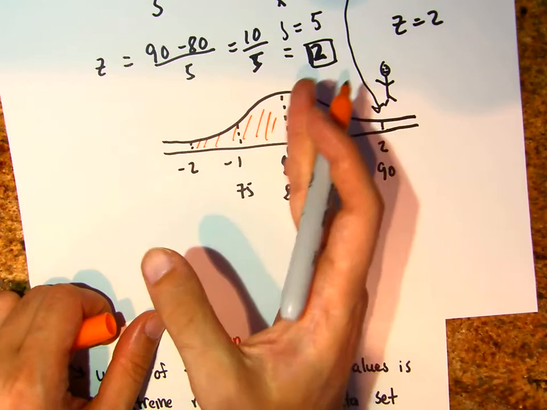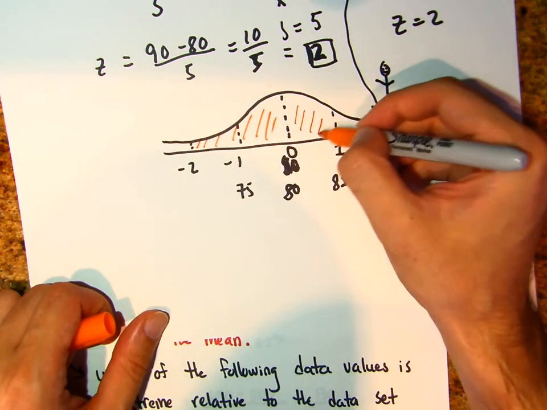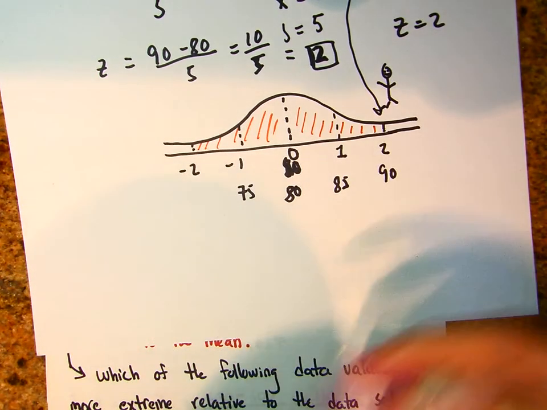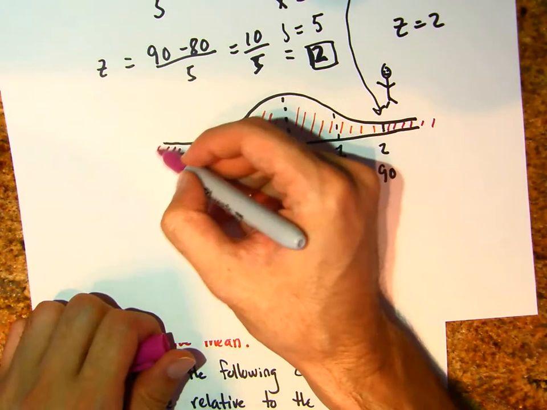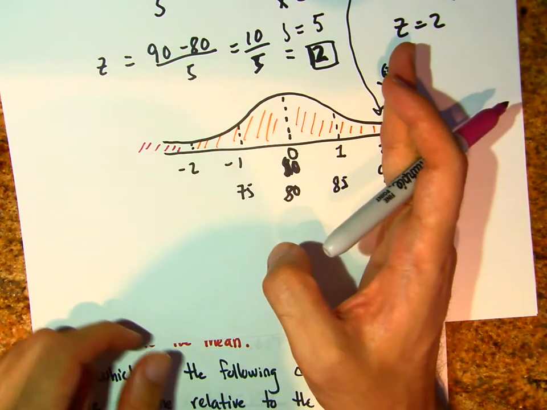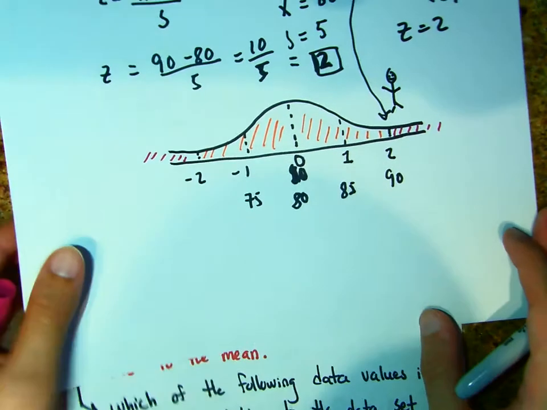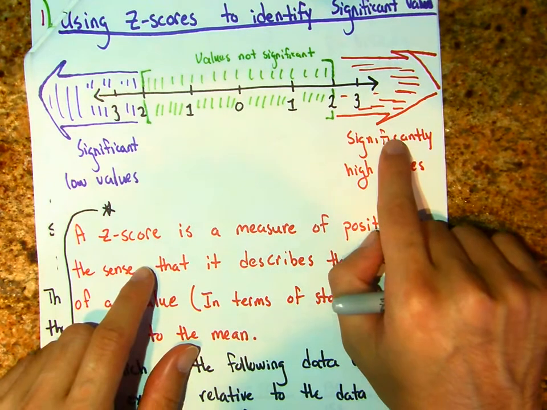This means you scored below the mean, maybe you scored above the mean. But what about the students who scored above a 90 or below a 70? The idea is if you are more than 2 standard deviations to the right or more than 2 standard deviations to the left, then these are significant values.